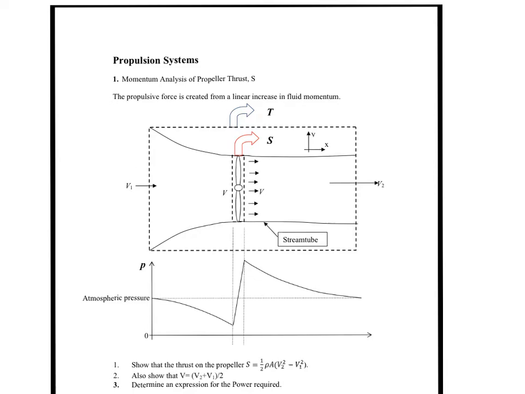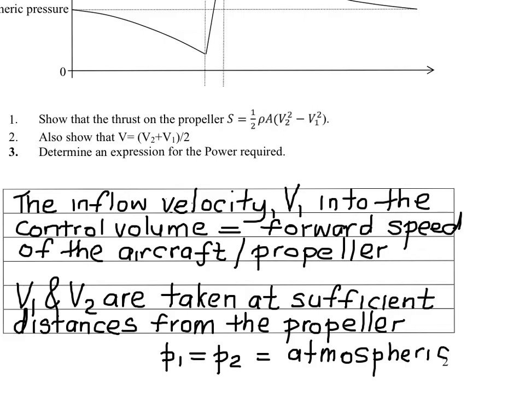Now let's get cracking. Let's look at two assumptions, or not really assumptions, they are notes which we have to be aware of before we perform our derivation. The first is the inflow velocity.